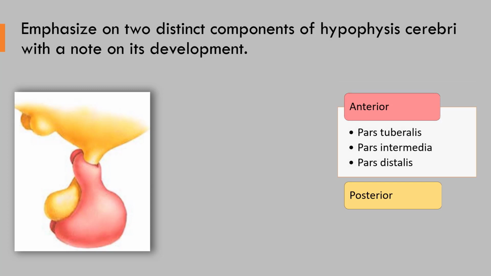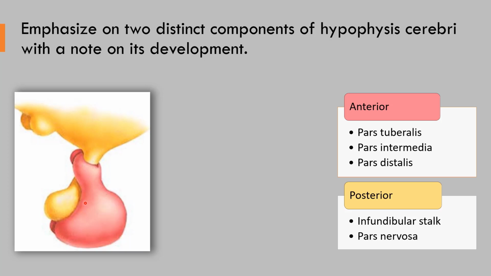The anterior pituitary has pars tuberalis, pars intermedia, and pars distalis. This is pars distalis, the most distal part. This is pars tuberalis, which extends on the pituitary stalk like a tube. Pars intermedia is inside. We shall look at it in a while.